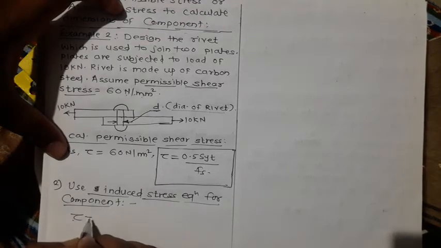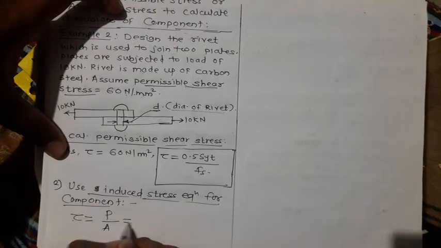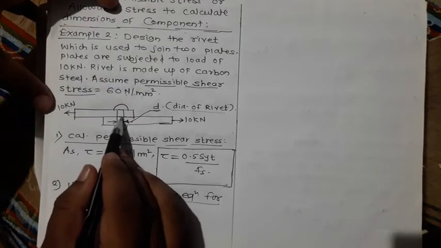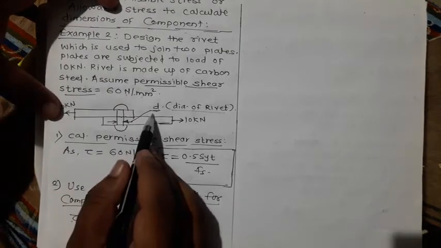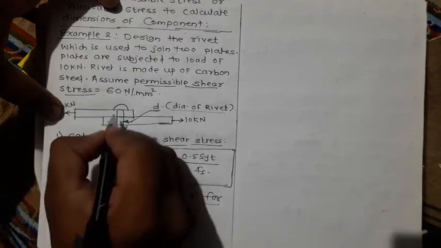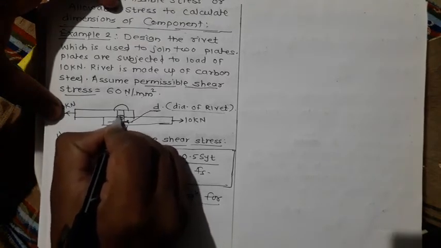So induced shear stress tau is equal to P upon A, and as this type of rivet is subjected to direct shear stress, and as it is having d as the diameter, so its cross section will be pi by 4 d square, because this rivet has circular cross section.